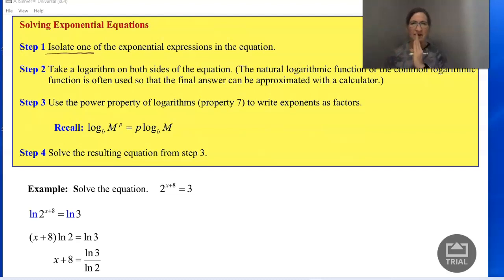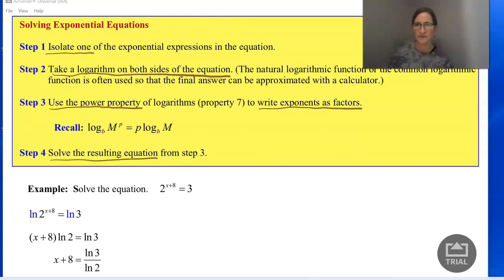So you get one of the exponents on one side. Then you're going to take a logarithm on both sides of the equation. And then you're going to use the power property to write the exponents as factors. And then you solve the resulting equation. Wow, seems like a lot.